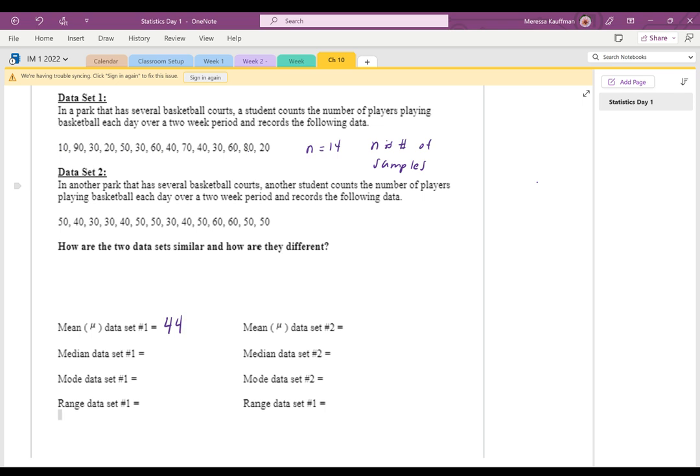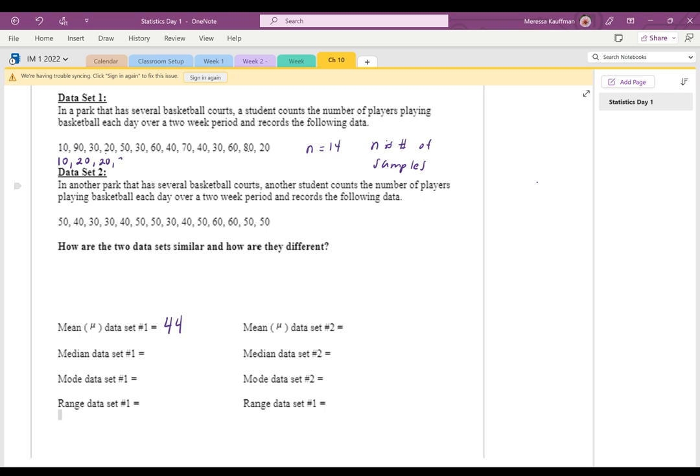So now, just staying with the first set, I want to find the median. I want to find the middle number. Well, to find the median, I have to rearrange these numbers in numerical order. So 10 is my first number. My second number is 20. There's another 20, so I have two 20s.